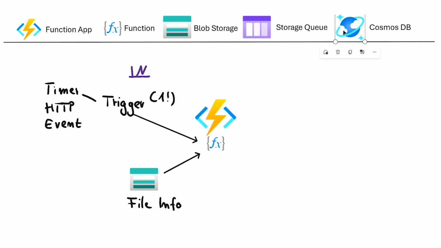And this is what we call an input binding. What you can also do is create output bindings. Output bindings could be, for example, every time such file information is processed, we would like to create an item in a Cosmos DB, or we would like to put a message on a queue. So every time the data is processed, we will create information in those external stores.